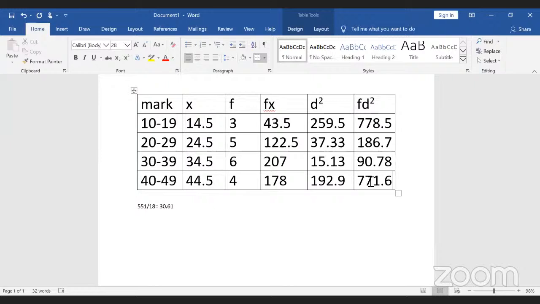So we need to look for the summation of FD squared. So add the column FD squared. Somebody to add that for us very fast. 1827.58.